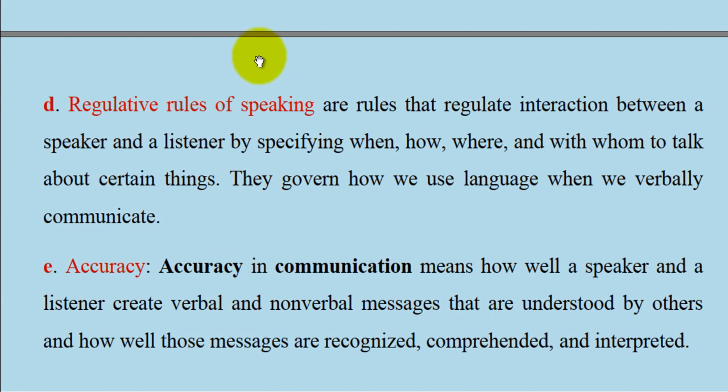D. Regulative rules of speaking. Regulative rules of speaking are rules that regulate interaction between a speaker and a listener by specifying when and how and where and with whom to talk about certain things. They govern how we use language when we verbally communicate.